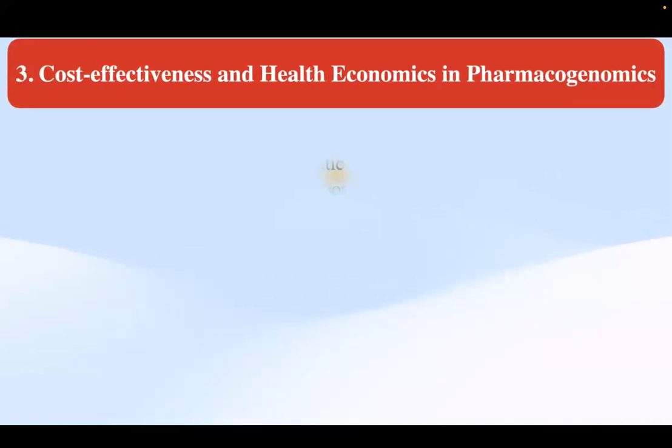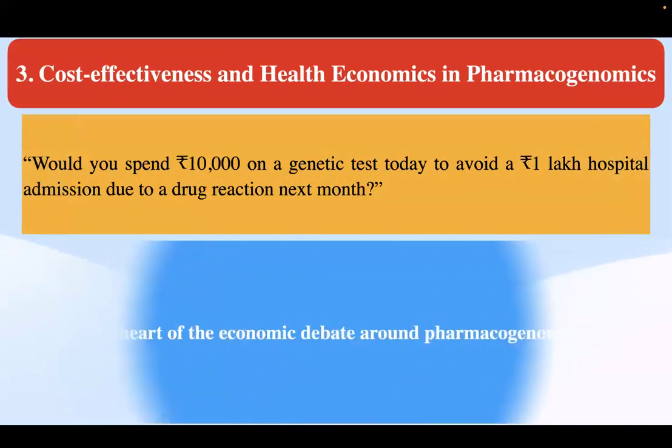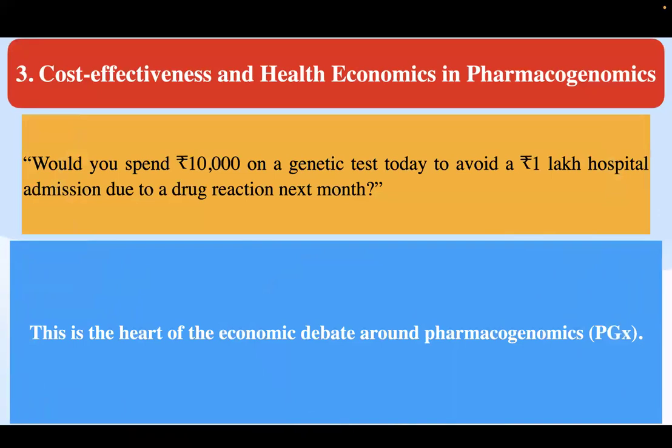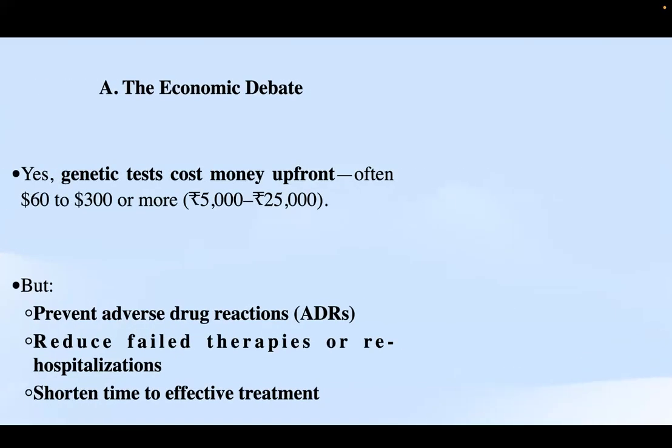So this is the meaning of cost effectiveness, right? This is the heart of the economic debate around pharmacogenomics. It is always there. So here is the very first thing to understand. Yes, genetic tests cost money upfront, as I elaborated since the very beginning of the session.